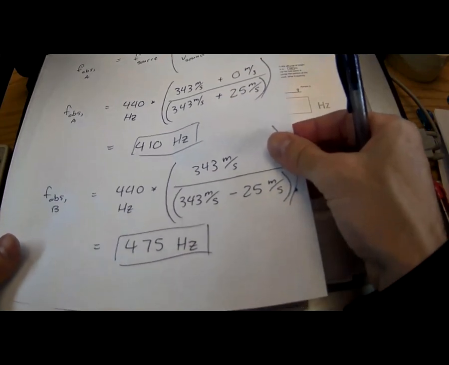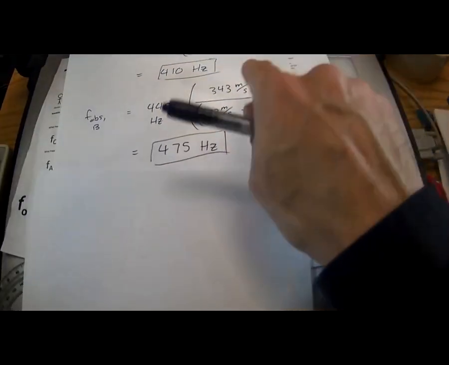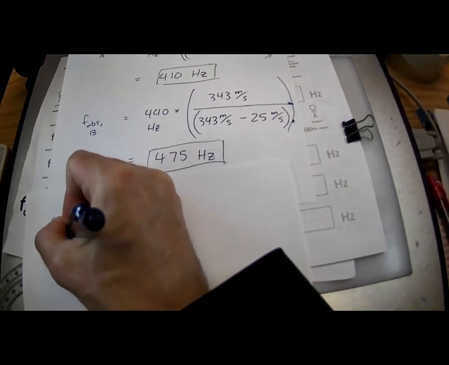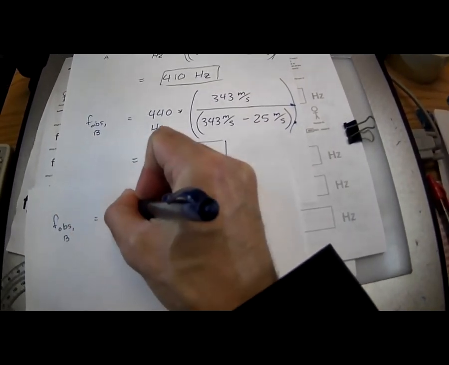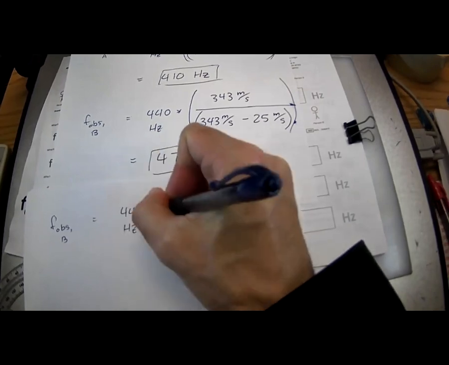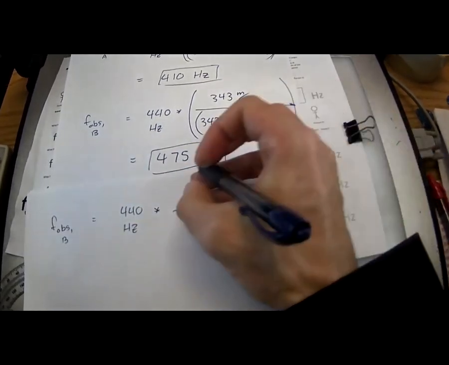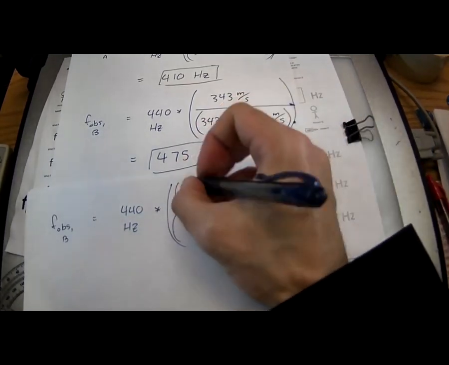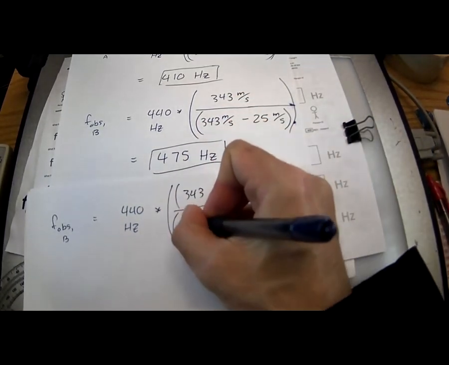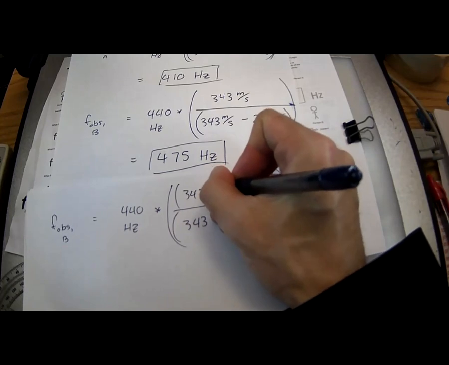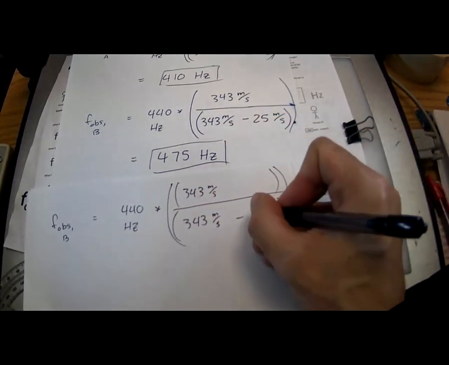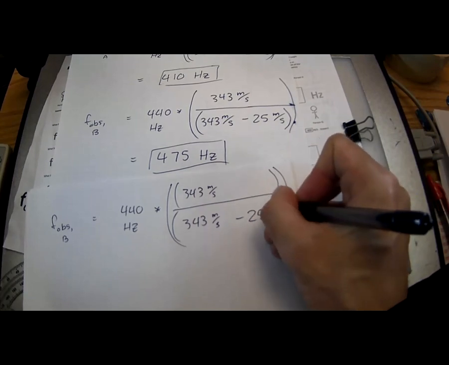And I can do that by starting from here. So the frequency observed for person B now is going to be 440 hertz multiplied by a big old ratio. Let's see, 343 meters per second. I know the car is headed towards the sky, so it'll be minus on the bottom, minus the speed of the car.